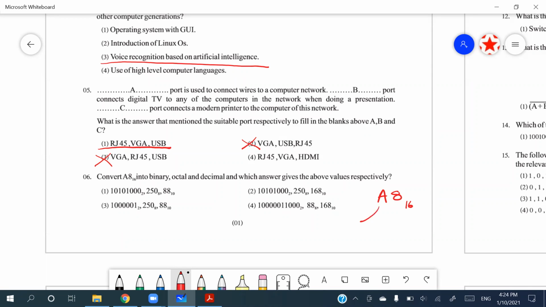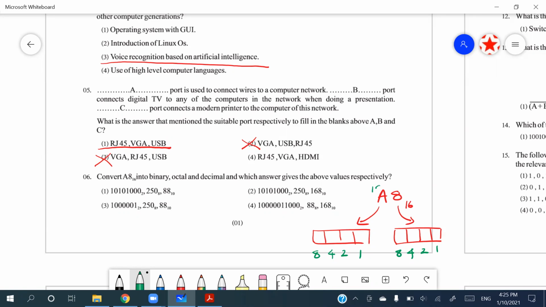We are going to write this in groups of 4 bits. These 4-bit groups contain the place values 1, 2, 4, and 8, and this group also has 1, 2, 4, and 8.